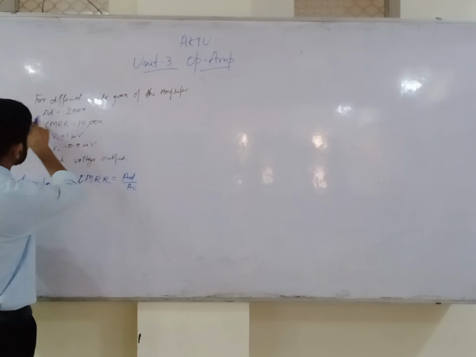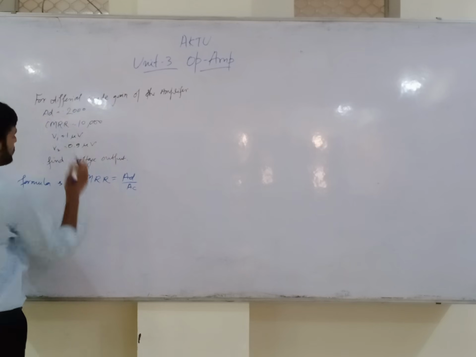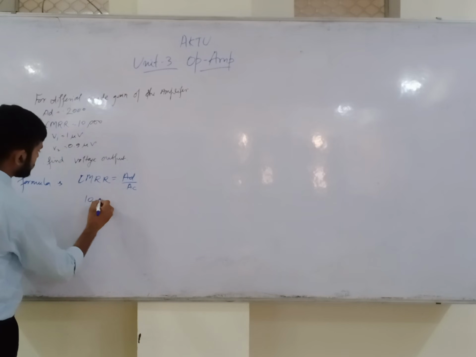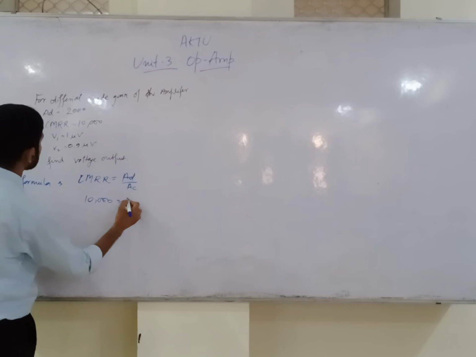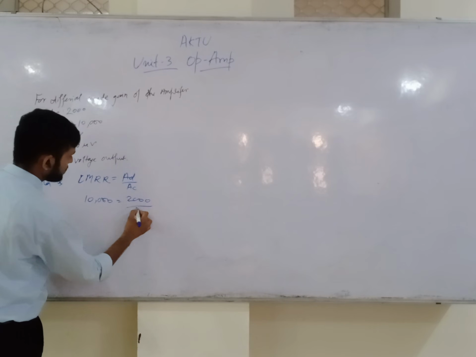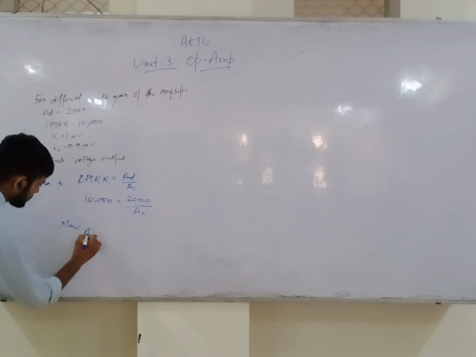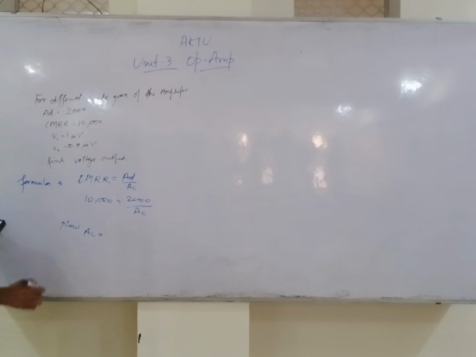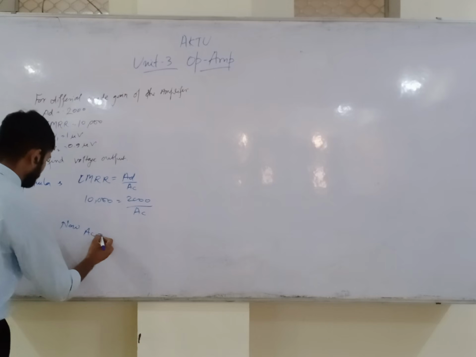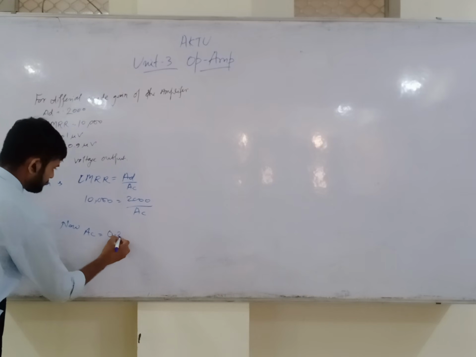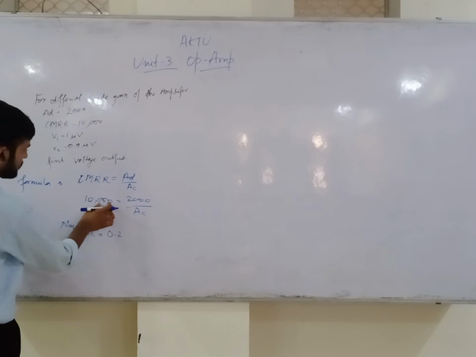So CMRR is equal to 10,000, AD is equal to 2,000, so AC is equal to 0.2.